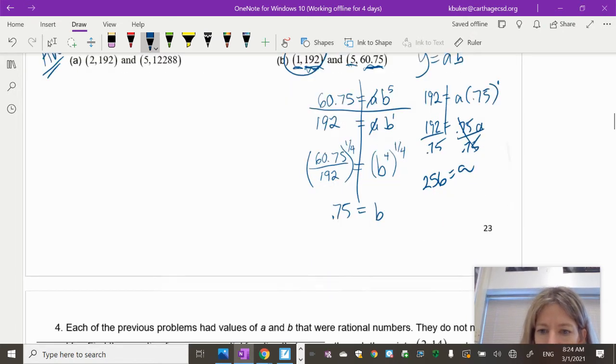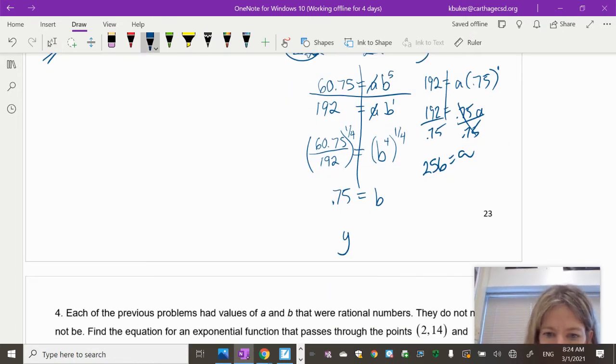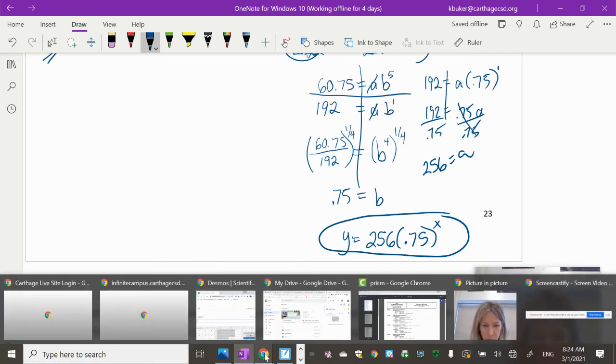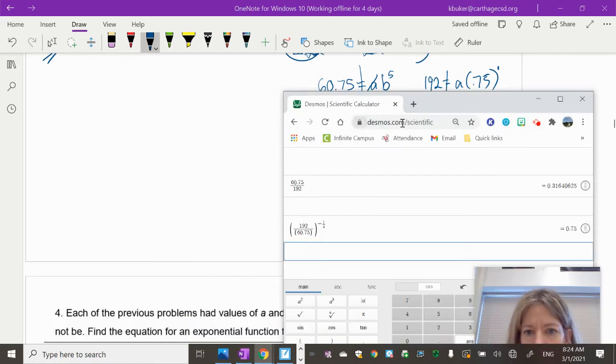Okay, so now I can write my equation. Y equals 256 times 0.75, and then my x goes back to x. So I have a general form that works for all xy pairs. And just to show you, it only takes a second to check these.